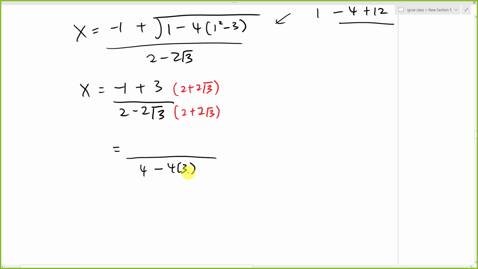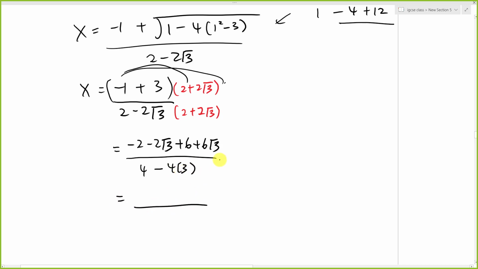I hope later I can simplify it because it looked a bit weird to me. Never mind. Then here you need to multiply 1 by 1, so this is negative 2 minus 2 root 3 plus 6 root 3. So the denominator, negative 12 will be negative 8 here. Top here will be, numbers first, 4, and then plus 4 root 3.